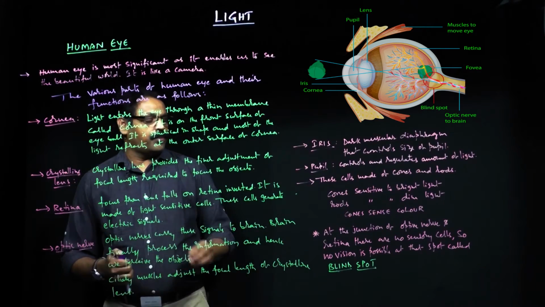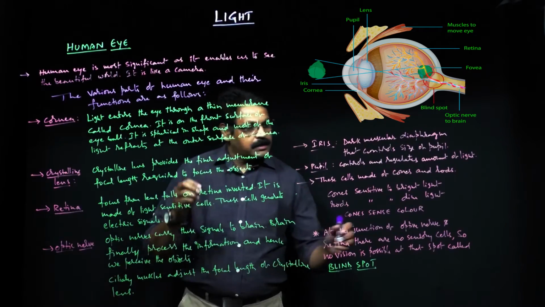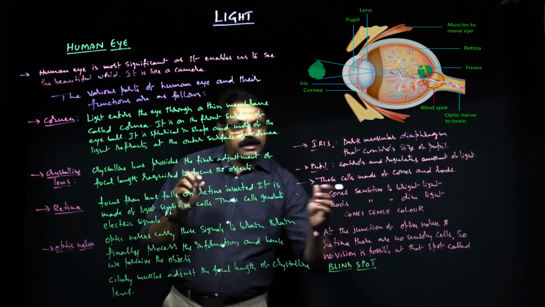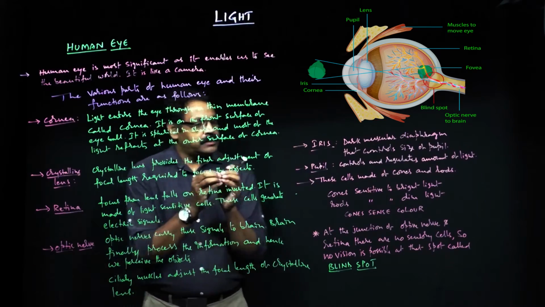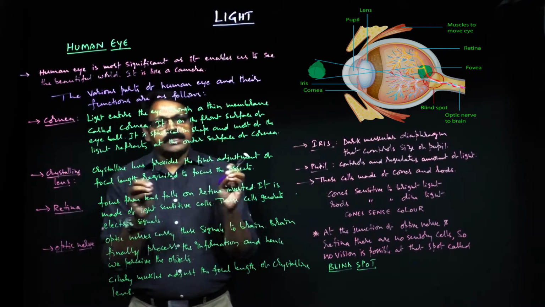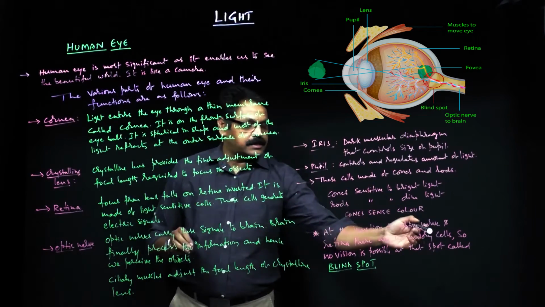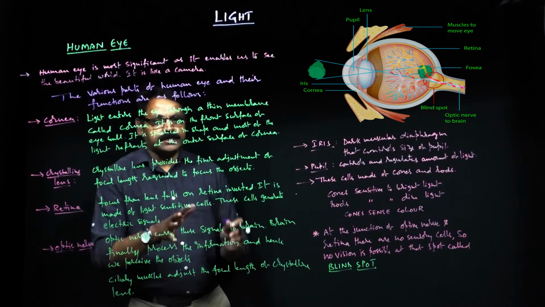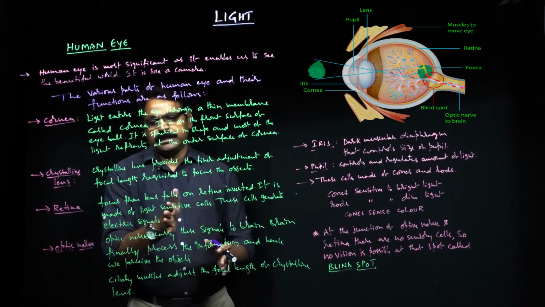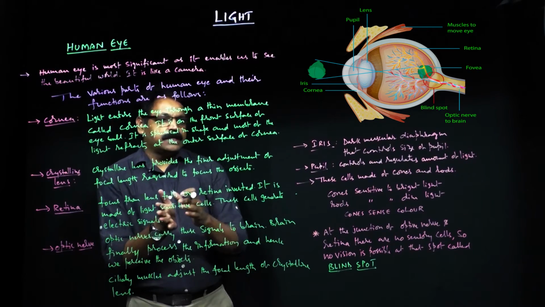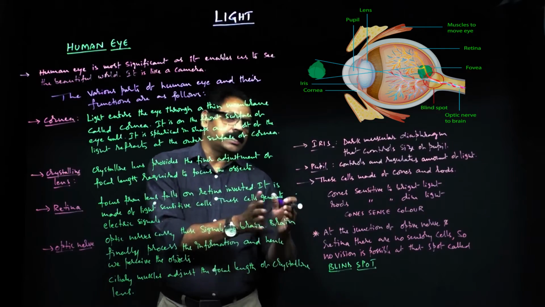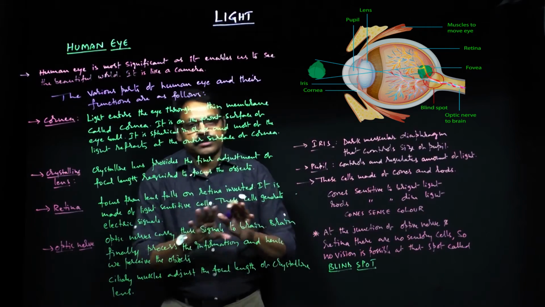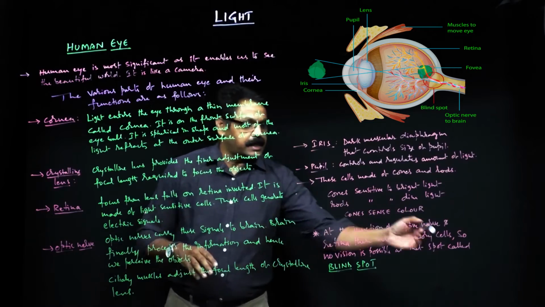And here one more point you need to remember: at the junction of the optic nerve and retina, there is no presence of sensory cells. The sensory cells I mentioned are present in the retina, but at the junction where the retina meets the optic nerve, there are no such sensory cells.